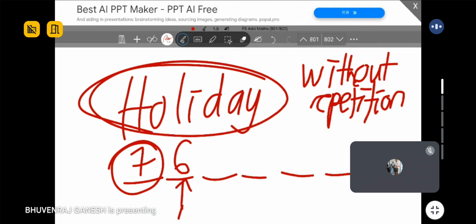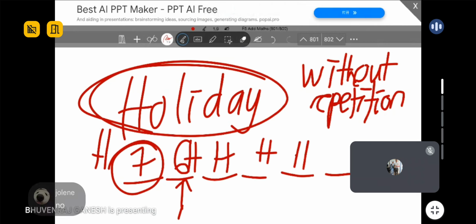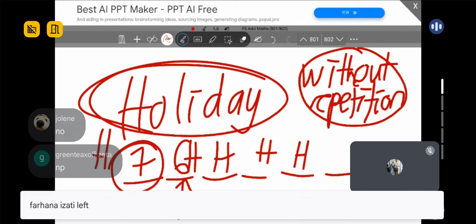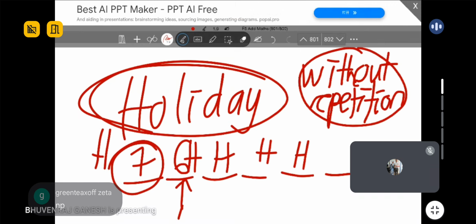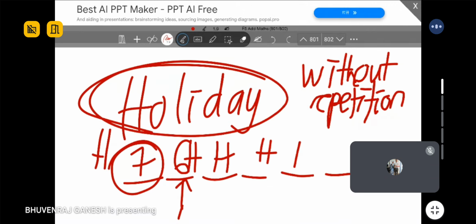For example, let's say the first letter I choose is H. Can I repeat H anywhere here? Cannot, right? Because they already say without repetition. So that is why our total decreases by 1. Are you all clear, guys?